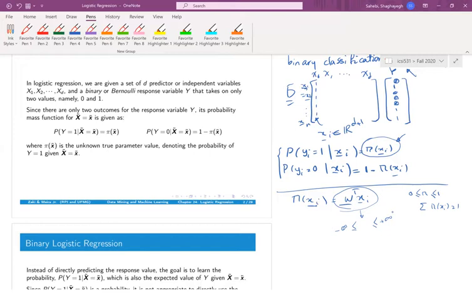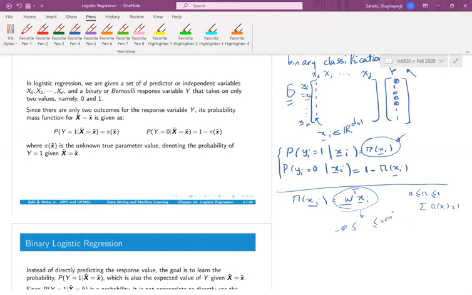So what should I do if I want to still stick to this simple regression kind of function? It is a very basic function, right? But I want to get a probability mass function out of it. I cannot just use w transpose xi. So what we are going to do is pass this w transpose xi value through another function that is going to restrict the value to be between 0 and 1 for me.